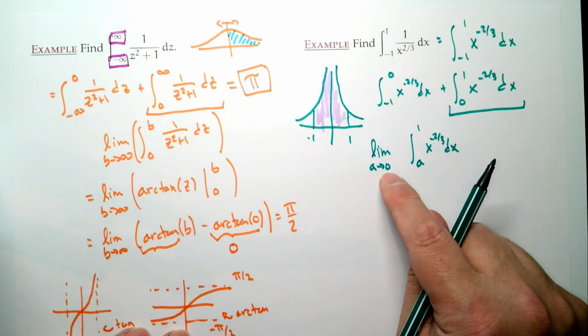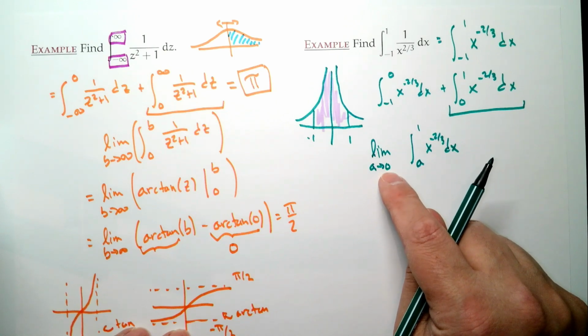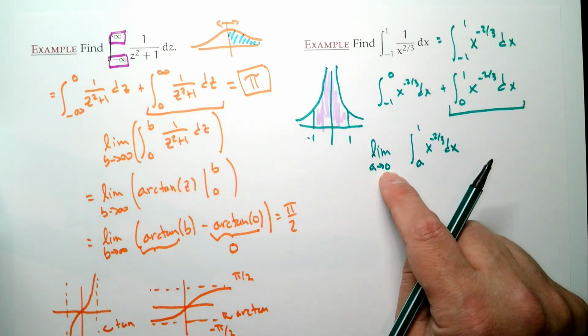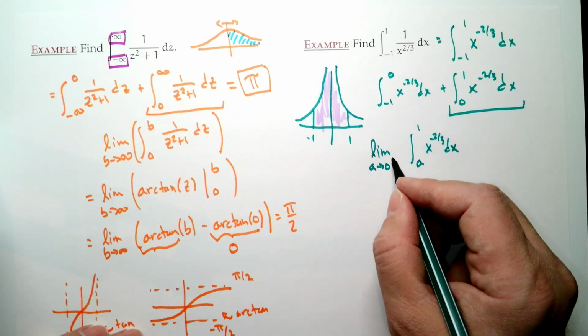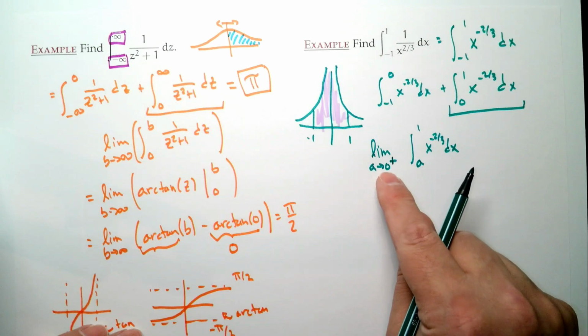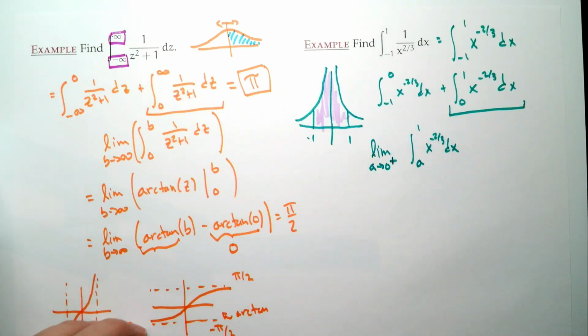Now, in our case, it's a one-sided limit. How are we approaching 0? Yeah, from the right. As we go to 0, we go from the right. Good. All right. So, now we proceed. What's the antiderivative of x to the negative 2/3?